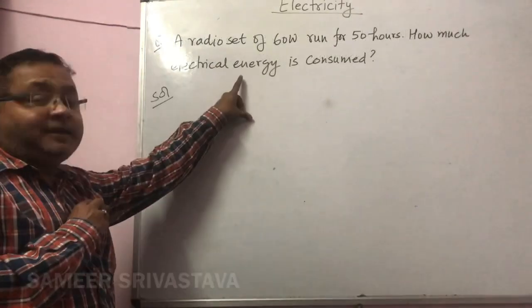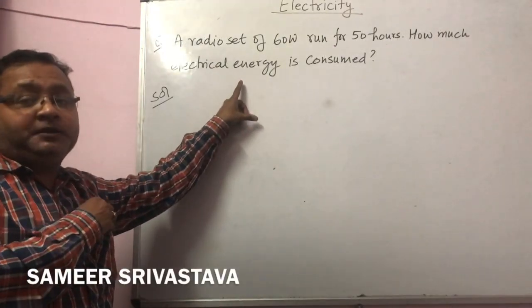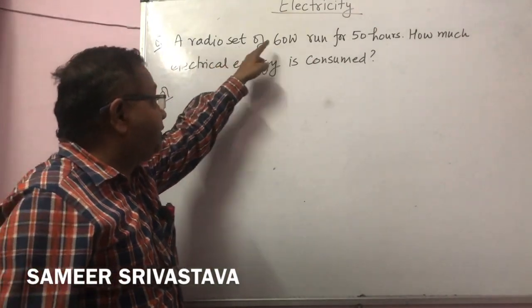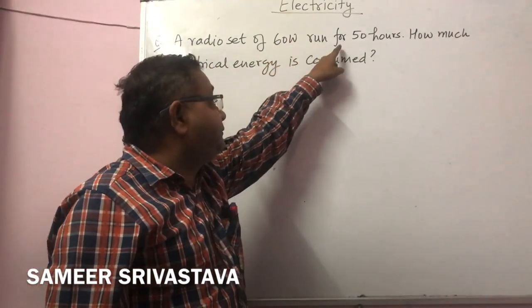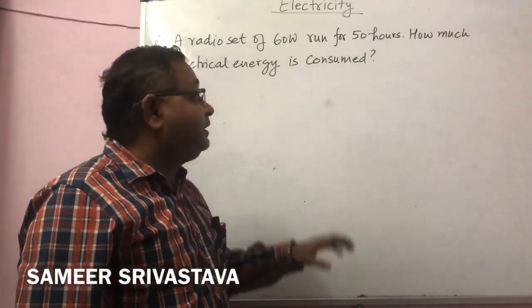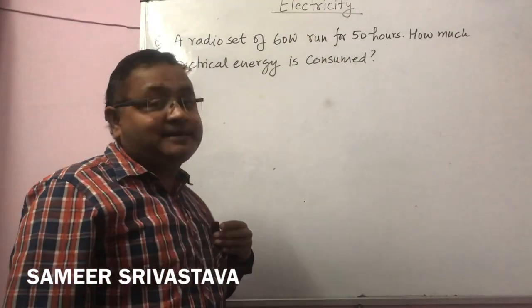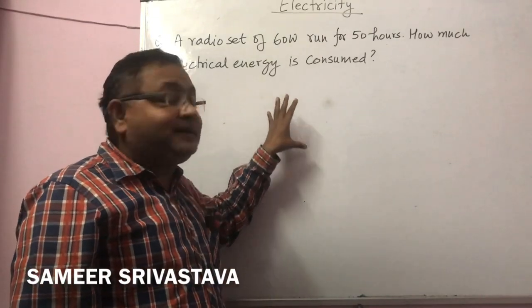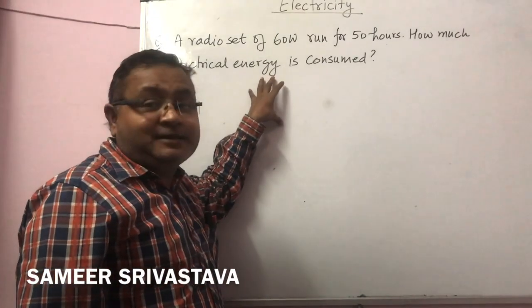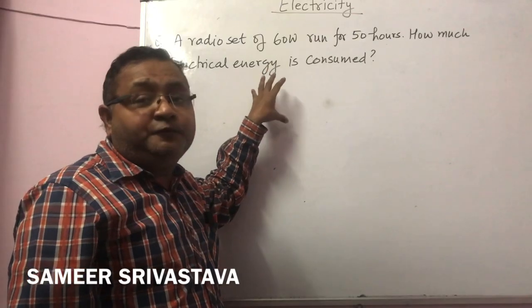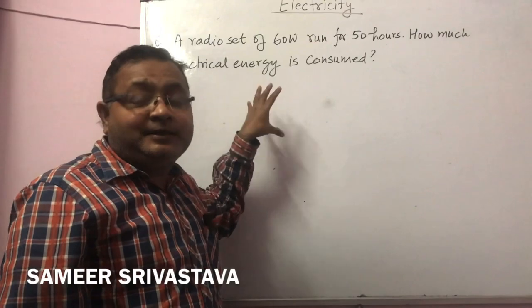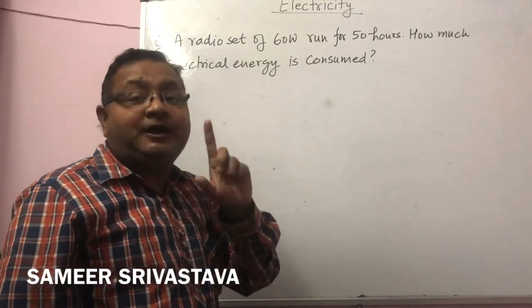Okay. Now here I take a question based on electrical energy. What does the question say? A radio set of 60 watt runs for 50 hours. How much electrical energy is consumed? As we all know, electrical energy consumed means we have to find the commercial unit of electrical energy, and the commercial unit is kilowatt hour.